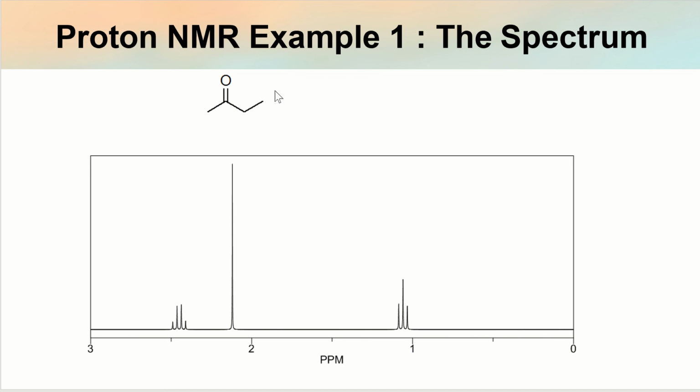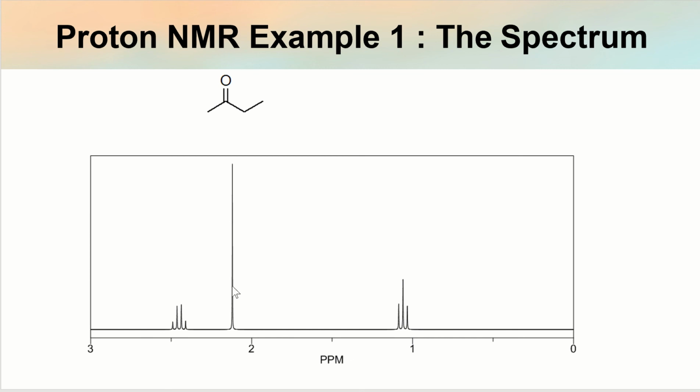These methyl protons are the furthest from our most electronegative atom, oxygen. It's 1, 2, 3, 4 bonds away. And we would expect this set of protons to be the most shielded set of protons. And if they're the most shielded, then we expect them to be in this 0.9 to 1 point something region, right?